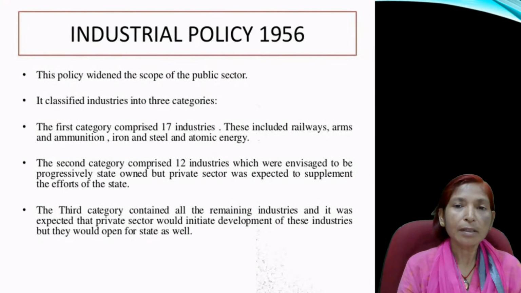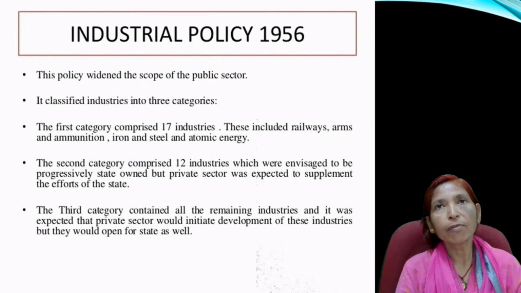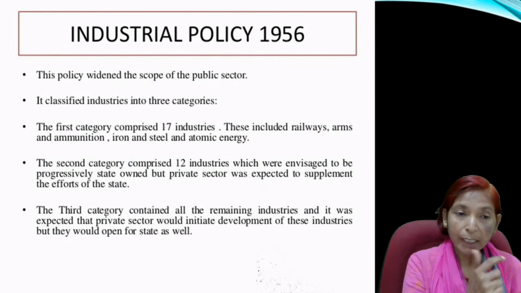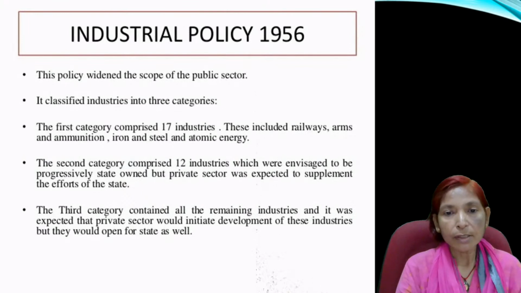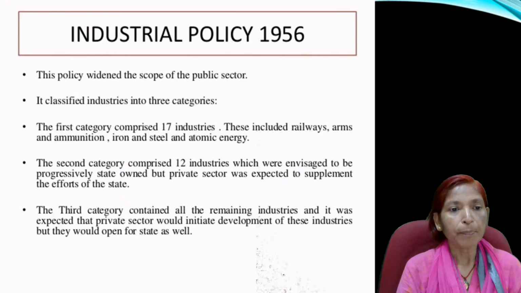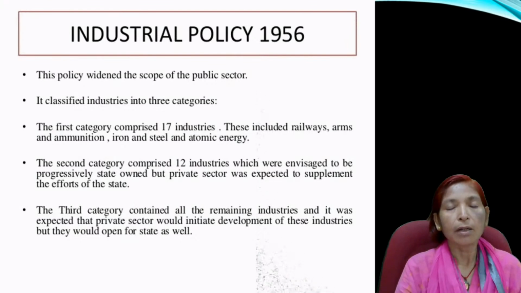Now, the 1956 Industrial Policy Resolution widened the scope of the public sector. It classified industries into three main broad categories. In the first category, 17 industries were comprised. These included railways, arms and ammunition, iron and steel, and atomic energy. All are in state control.